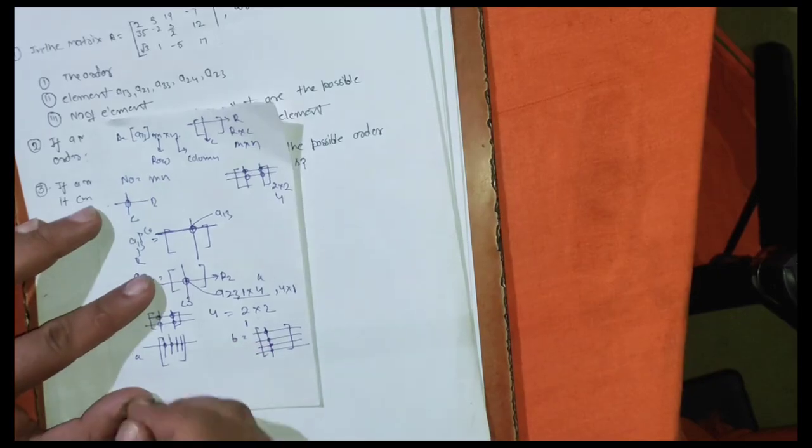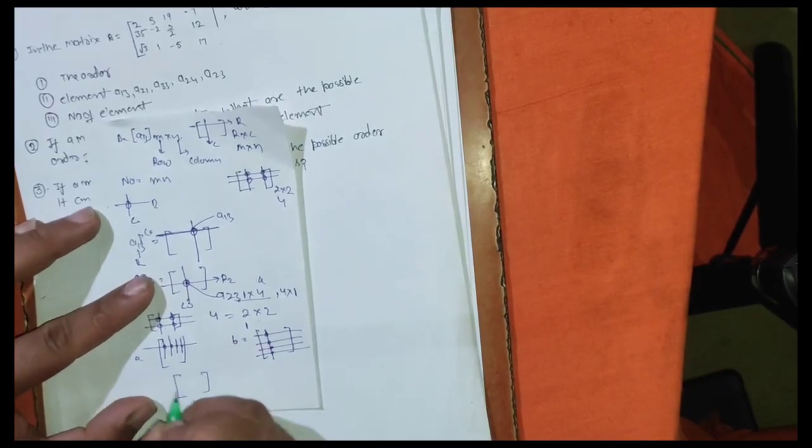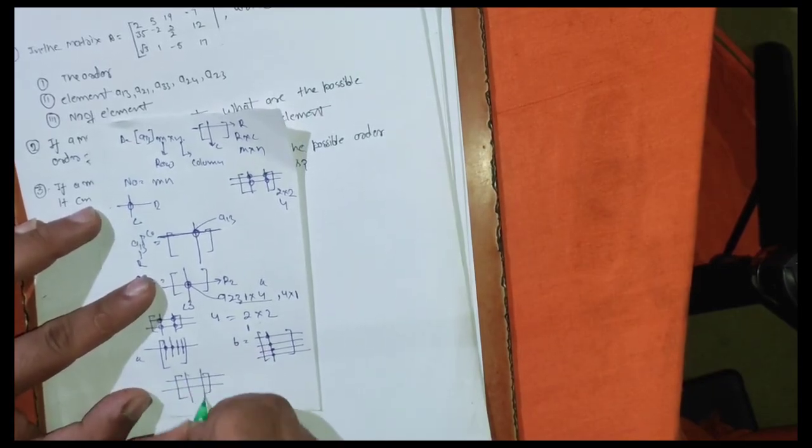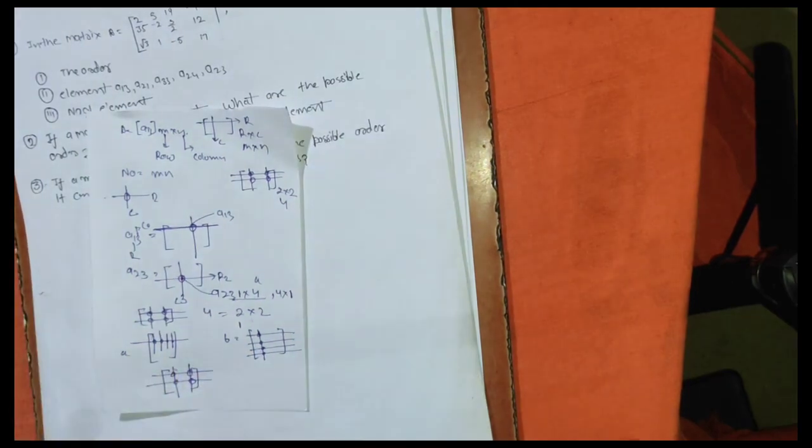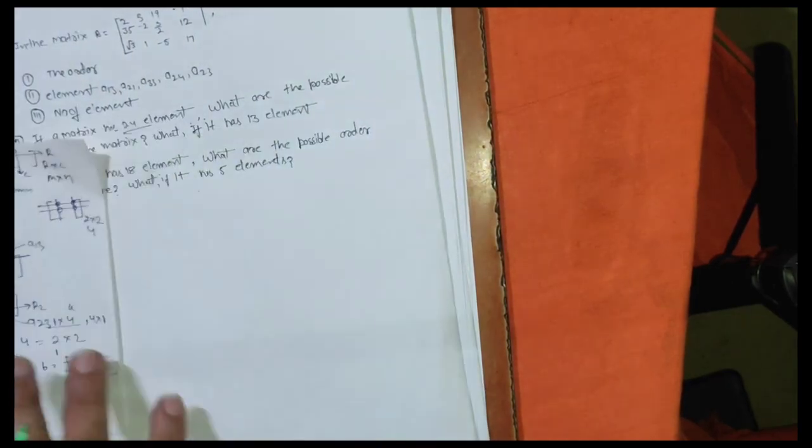This is also possible. So these are the possibilities: we can arrange the 4 elements into 2 by 2, 1 by 4 and 4 by 1.